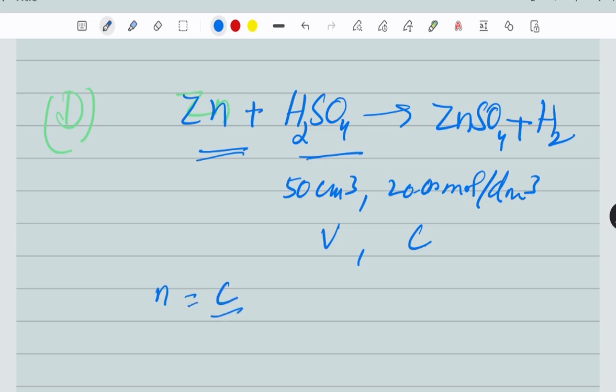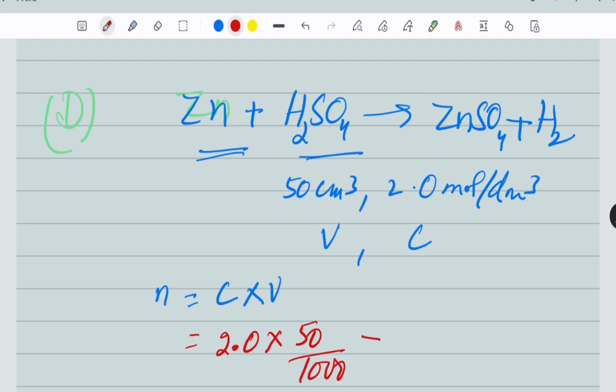Moles is equal to concentration into volume, so volume should be divided by 1000. Concentration is 2.0, into volume 50, converted into decimeter cube.